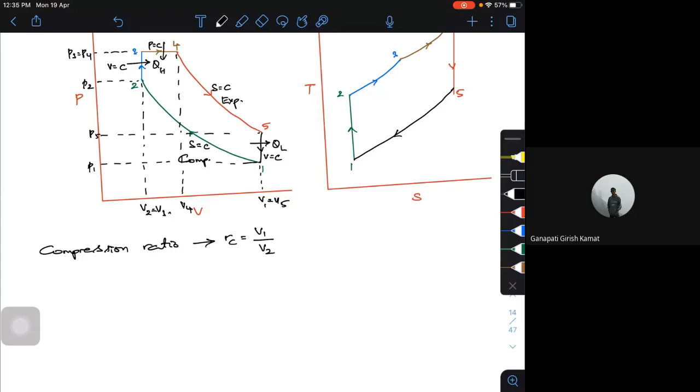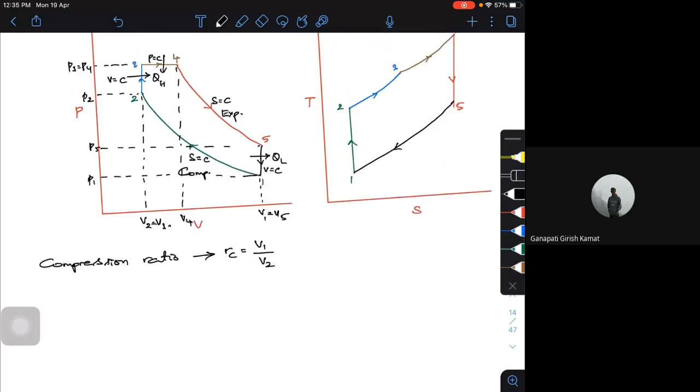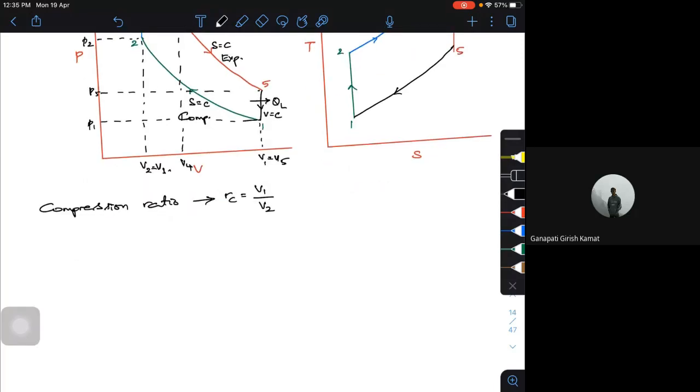Then the expansion ratio. Look at this expansion process: it is V5 by V4, final volume by initial volume. We call that Re. It is V5 by V4.